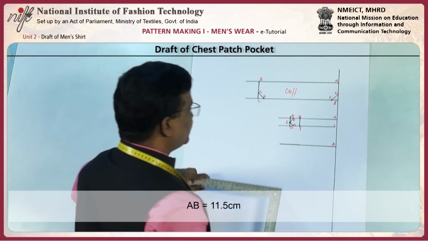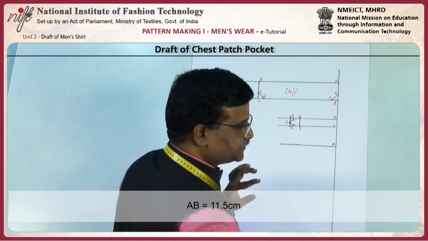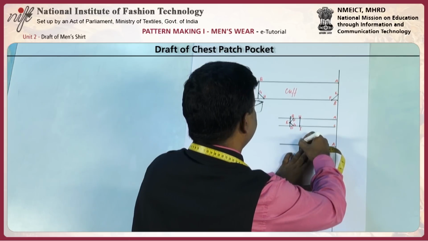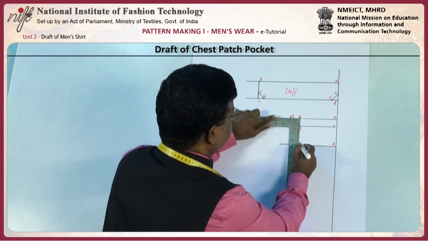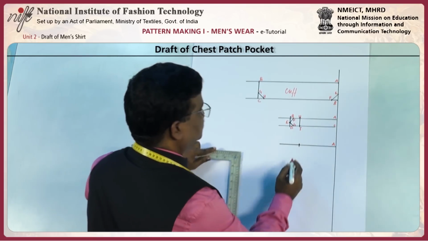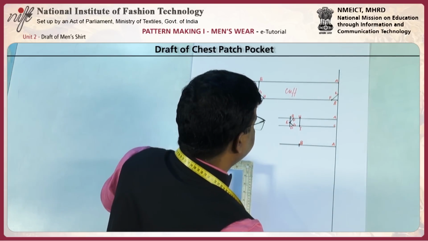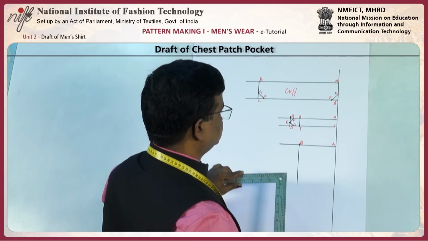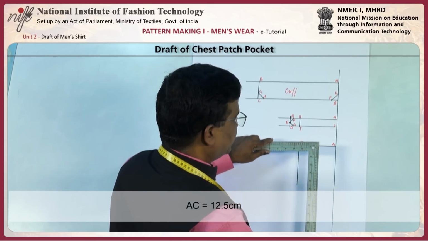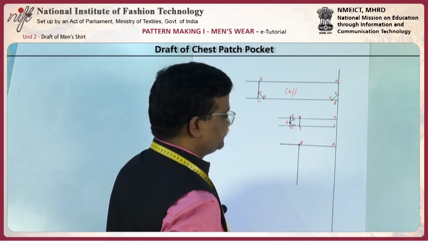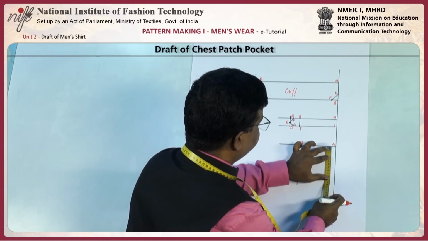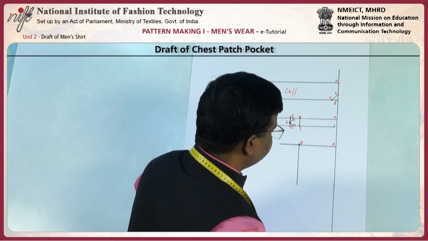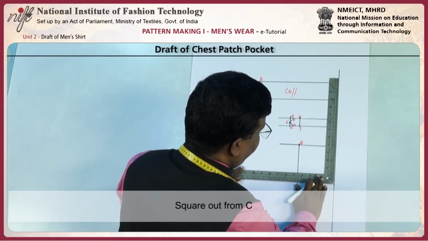A to B 11.5 centimeter, from B square down, A to C 12.5 centimeter, from C square out.